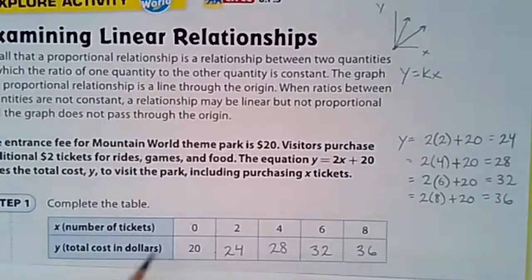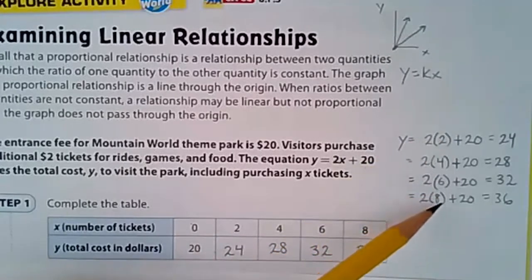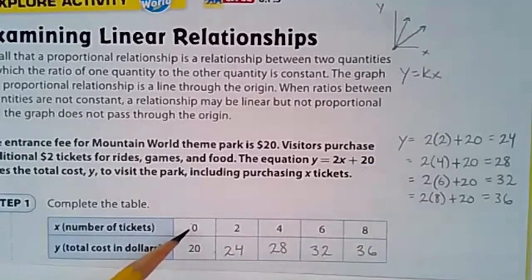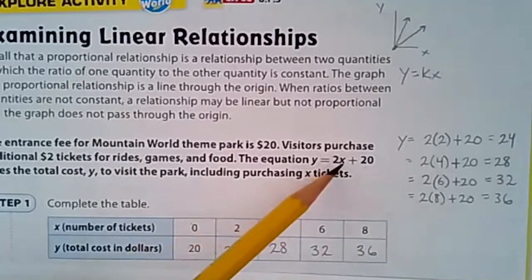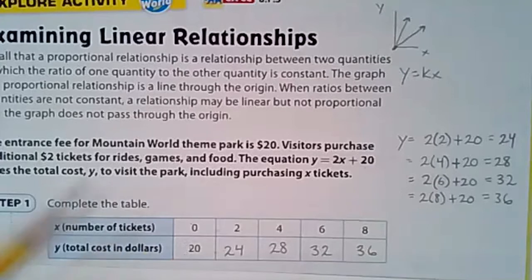If we were given these values for the number of tickets, 0, 2, 4, 6, or 8, and I plugged them in here, 0 is easy because that's just 2 times 0, which is 0 plus 20. That's $20 that you're going to spend just not riding any rides.